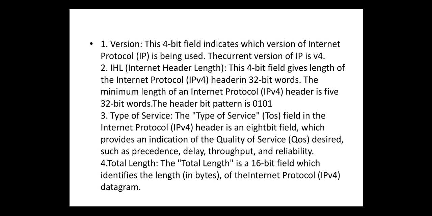This 4-bit field gives the length of the IPv4 header in 32-bit words. The minimum length of the IPv4 header is 5 32-bit words. The header bit pattern is 0101 because it is a 4-bit field.